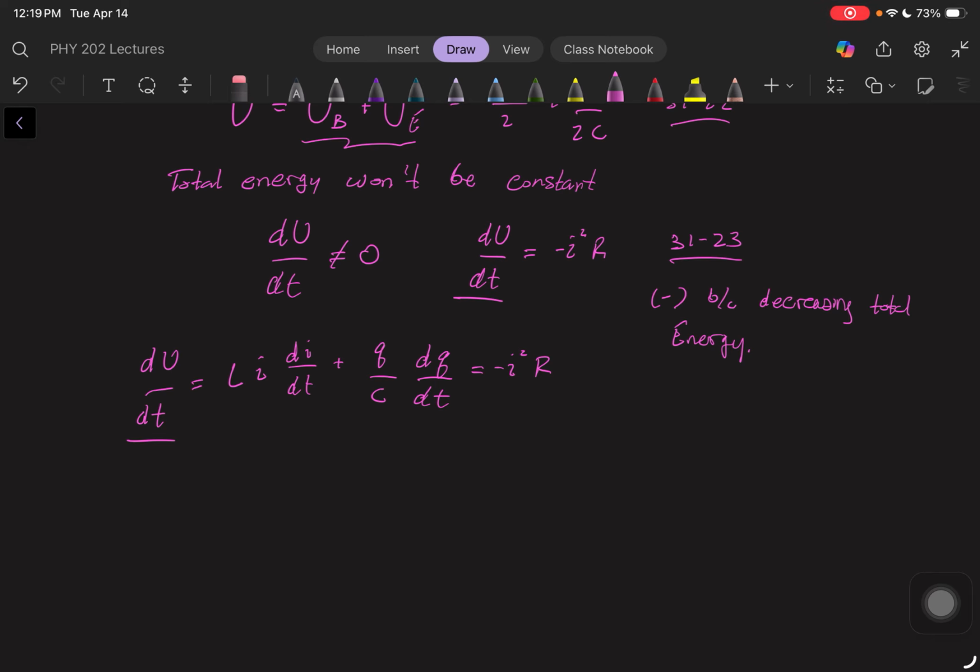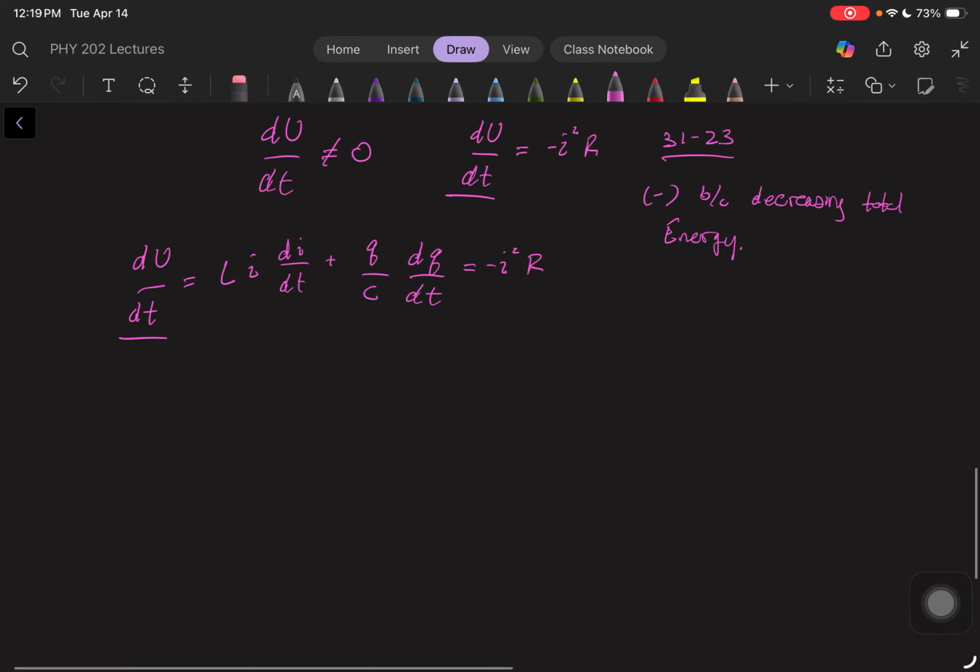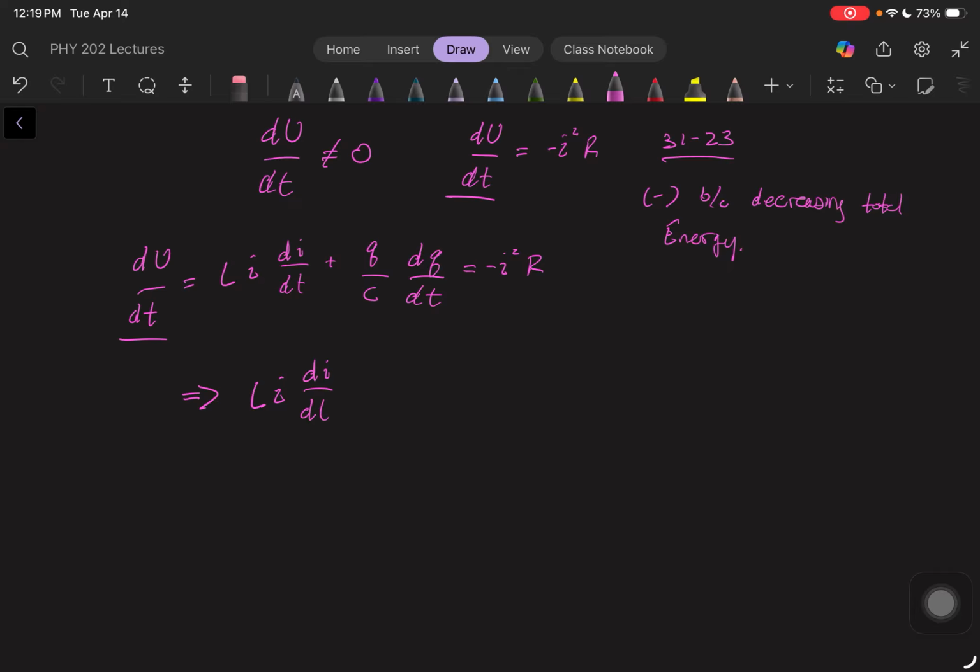Okay, and so we have this equation, but first off, let's rewrite it in a slightly more friendly way. So we have L I dI/dt, and now I'm going to say plus I squared R, right? I'm just moving this over into the middle for reasons we'll see in a second.